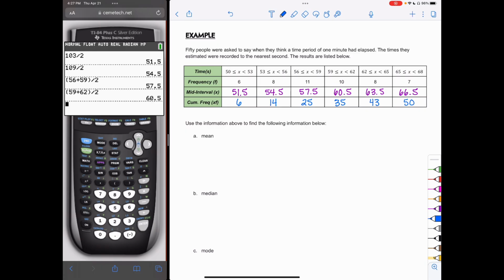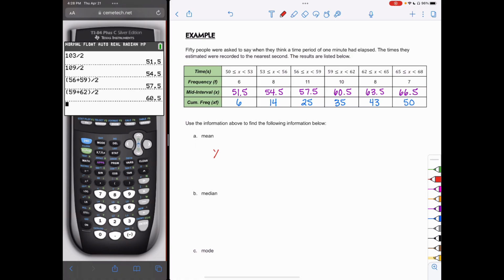So now, in order to find the mean, we are going to basically take each mid-interval value and multiply it by the frequency, that each time that mid-interval value is going to show up, hypothetically speaking. So in order to do that, we're going to take the sum of our values.